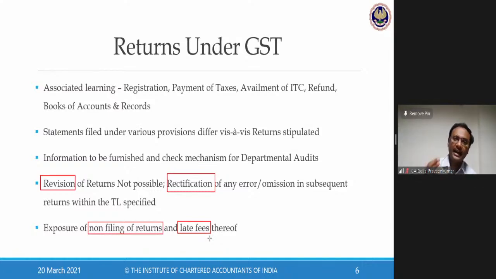I repeat, ITC availment under Section 16(4). The law says, if you want to avail input tax credit, please avail it before the date of filing of the return for the month of September after your financial year. I'll come to my Excel file to make you understand this provision.